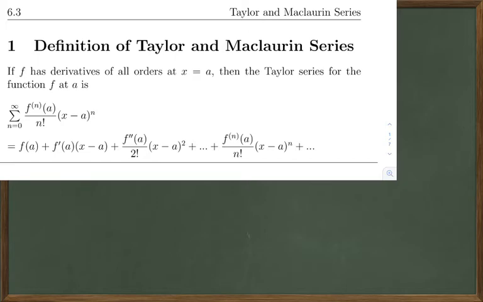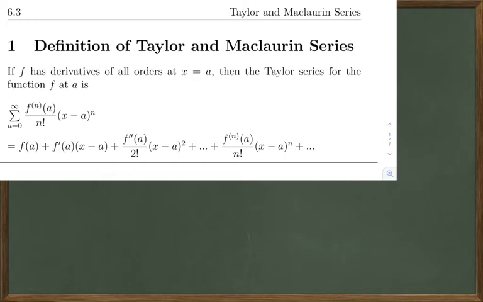If f has derivatives of all orders at x equals a, then the Taylor series for the function f at a is the sum n equals 0 to infinity, the nth derivative evaluated at a divided by n factorial, and then times x minus a to the nth power, which is equal to f of a plus f prime of a x minus a plus f double prime of a over 2 factorial x minus a plus dot dot dot the nth derivative evaluated at a divided by n factorial times x minus a to the n, etc. So that's what the Taylor series is.